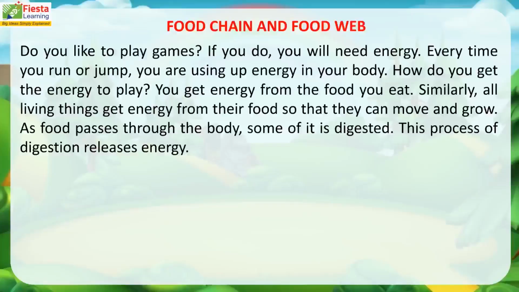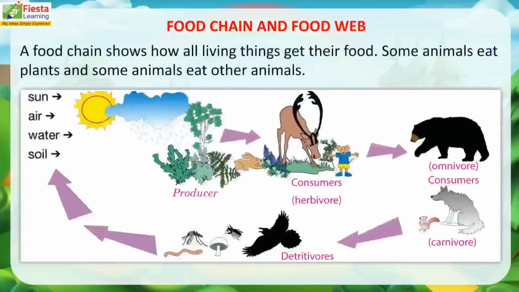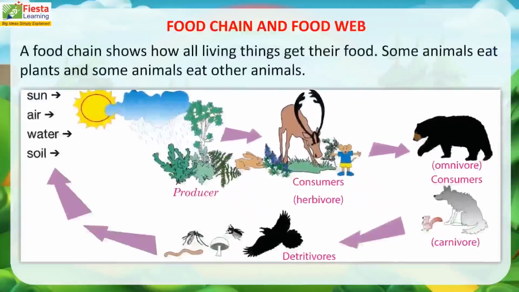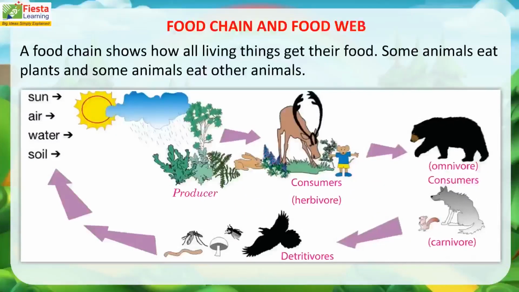As food passes through the body, some of it is digested. This process of digestion releases energy. A food chain shows how all living things get their food. Some animals eat plants and some animals eat other animals.